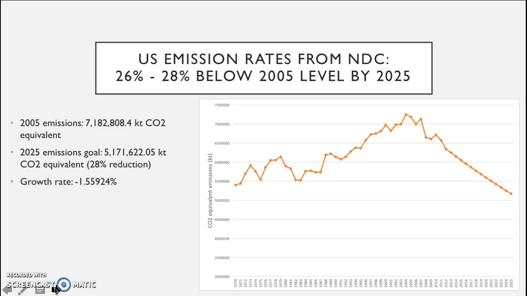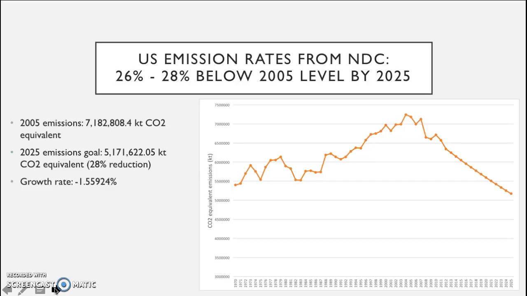And so you can see the CO2 equivalent emissions in kilotons here for the US. And it gets all the way to 2012, and then that's where I found the growth rate that would be needed, and that's where it starts that straight line going down. So the 2005 emissions were 7 million kilotons of CO2 equivalent, and that would make the 2025 goal about 5 million kilotons.